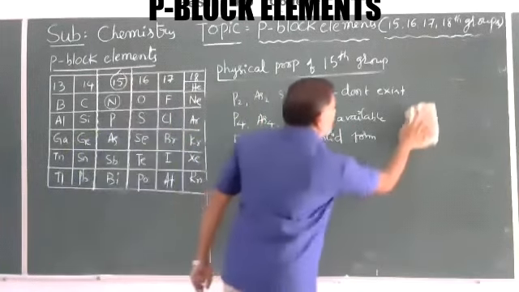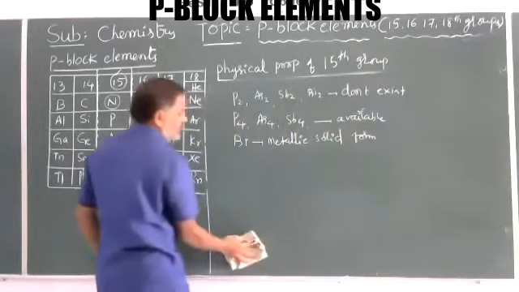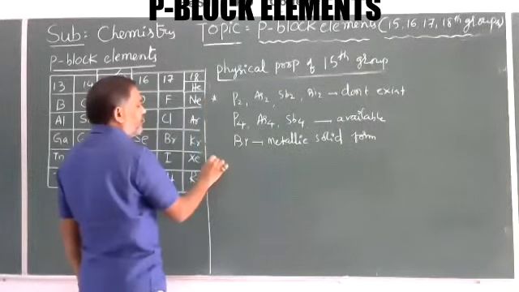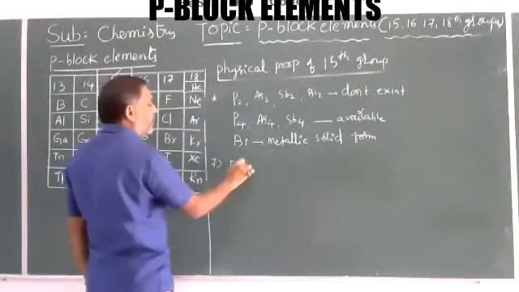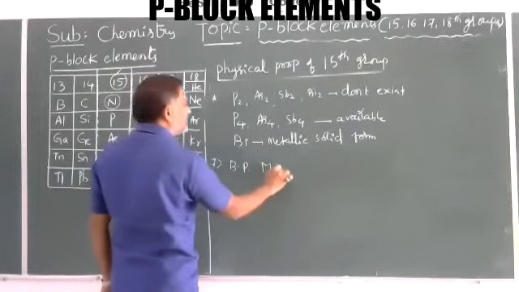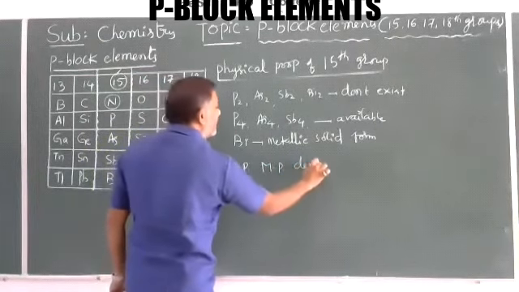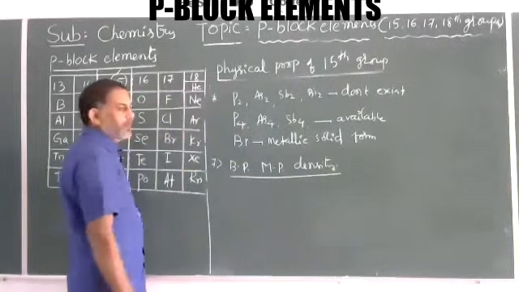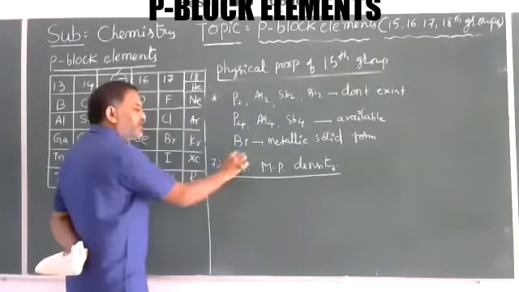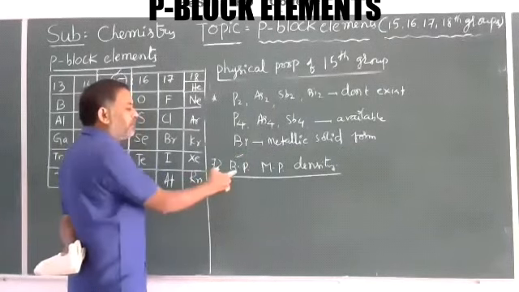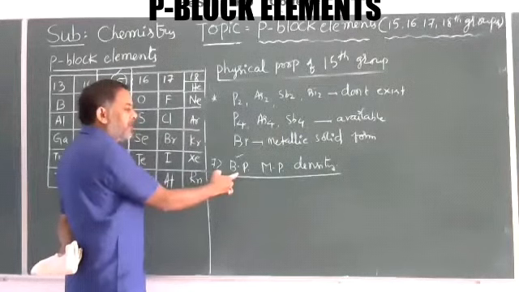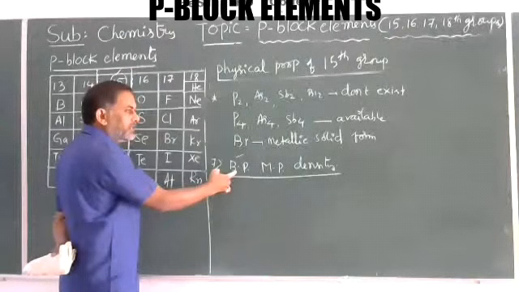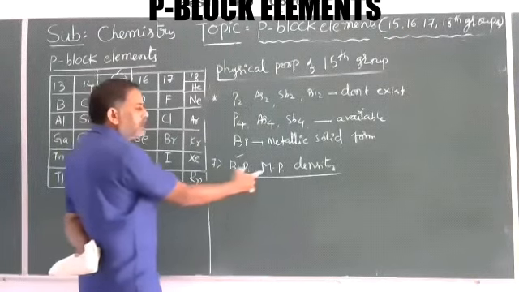The next important point is the boiling points, melting points, and density of these 15th group elements. Boiling point is the temperature above which a substance is ready to evaporate, generally used for liquids and gases.